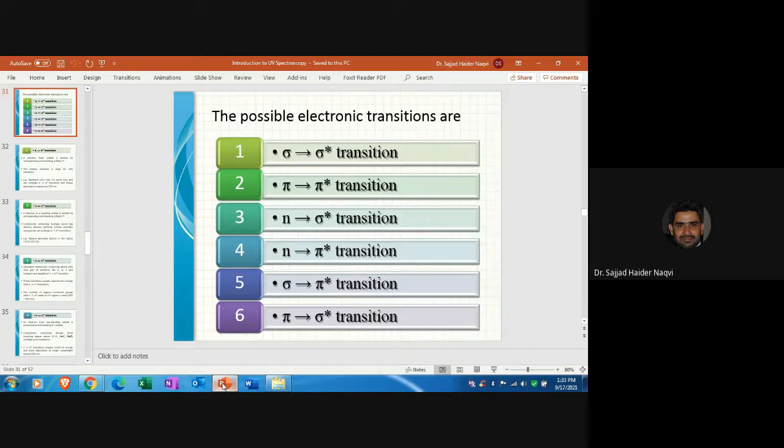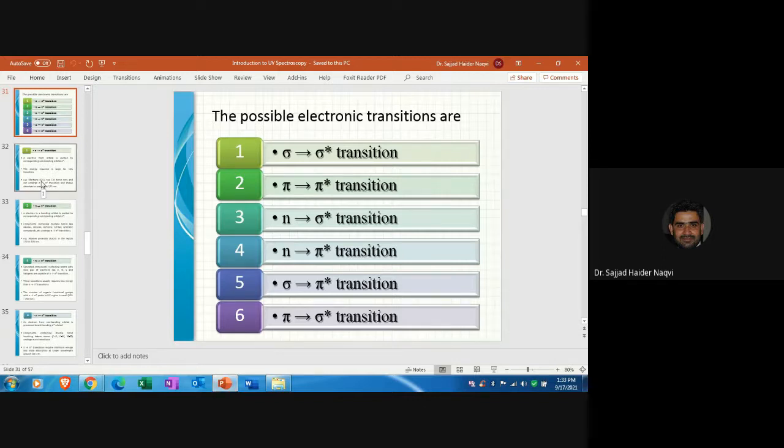That is from sigma to sigma star, from pi to pi star, from non-bonding to sigma star, from non-bonding to pi star, from sigma to pi star, and from pi to sigma star. These are the six possible electronic transitions in UV visible spectrophotometry.